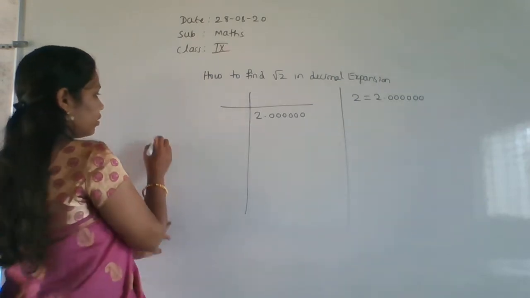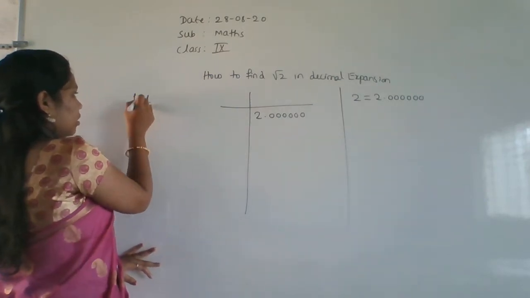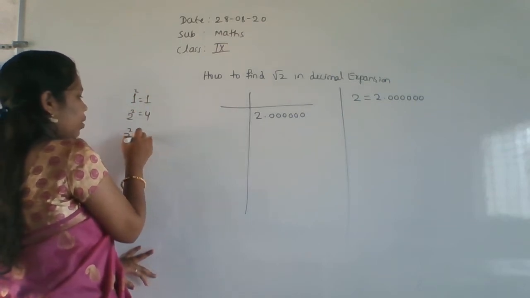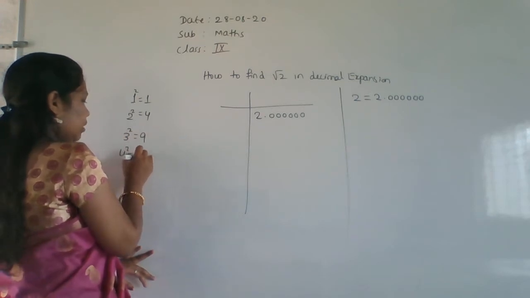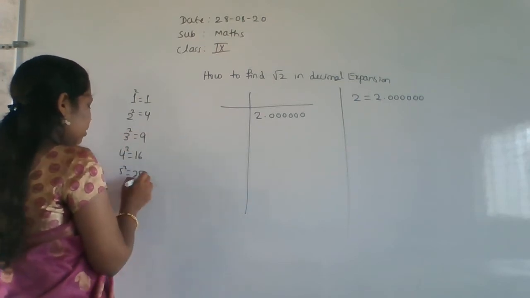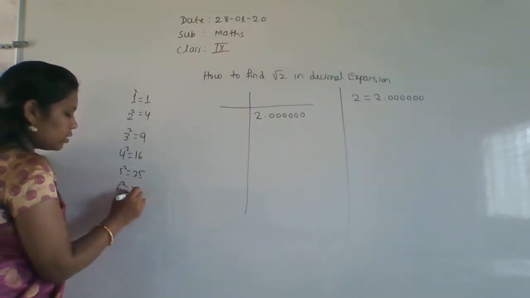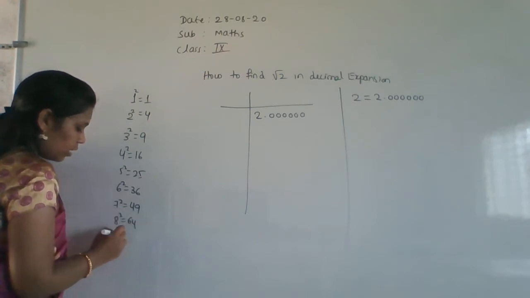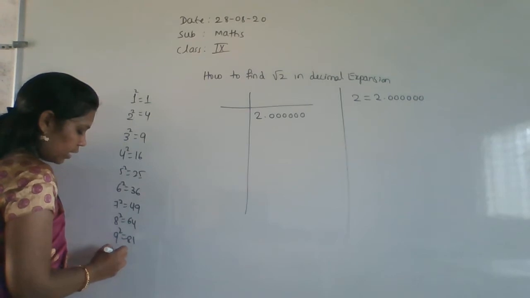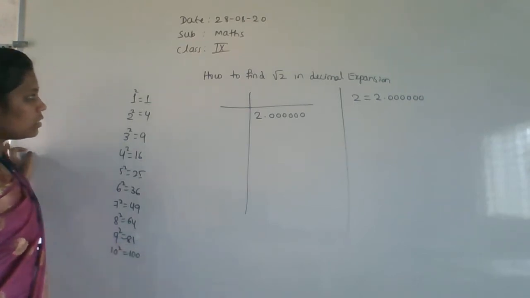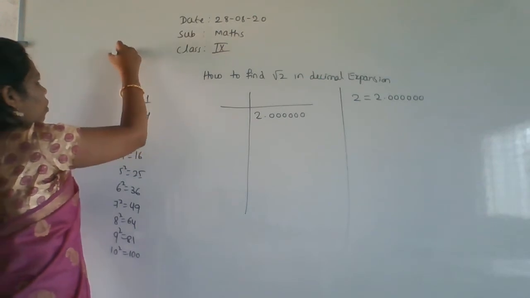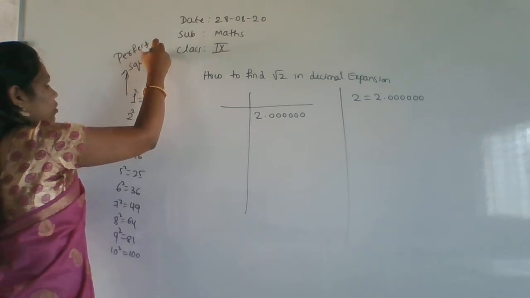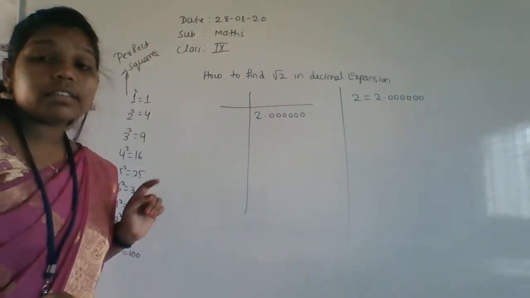That is 1 one is 1, 2 square is equal to 4, 3 square is equal to 9, and 4 square is equal to 16, 5 square is equal to 25, and 6 square is equal to 36, 7 square is equal to 49, and 8 square is equal to 64, 9 square is equal to 81, and 10 square is equal to 100. So these are all called the perfect square numbers.